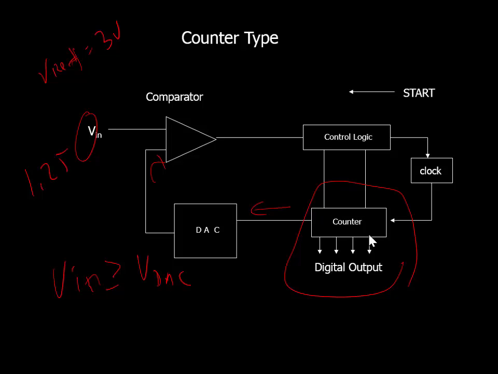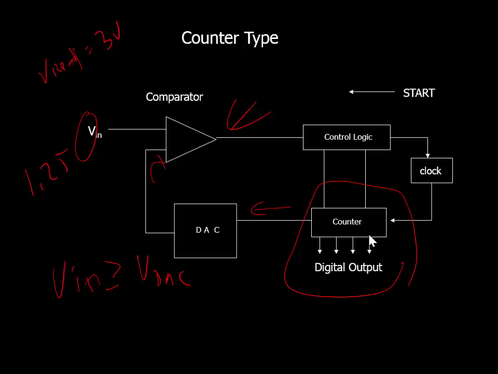If this is, we'll just say, an 8-bit, somewhere right around the number 110 or so, this is going to trigger, and we're going to output the 110. And we just keep repeating this process. We start the clock. This counter counts from 0 up. As soon as the comparator trips, that's our digital output. It's a very easy process.